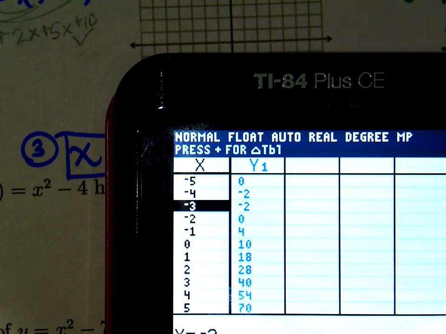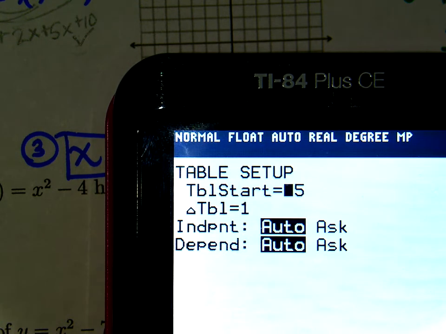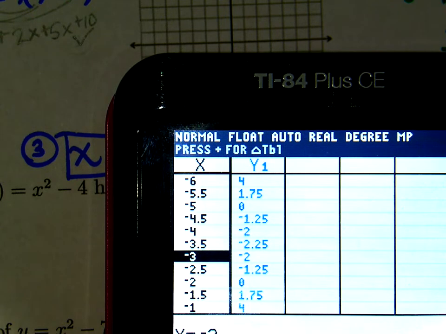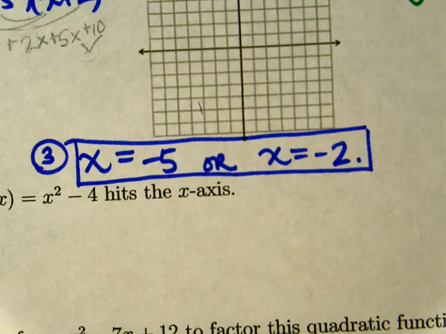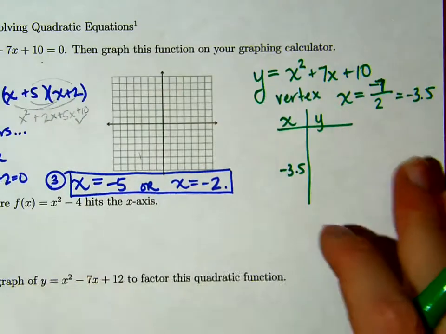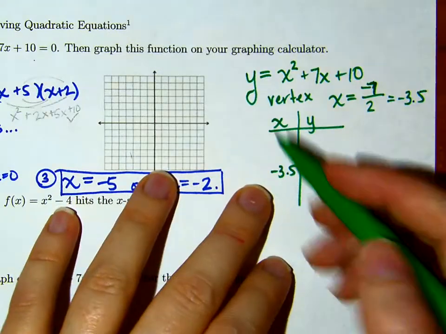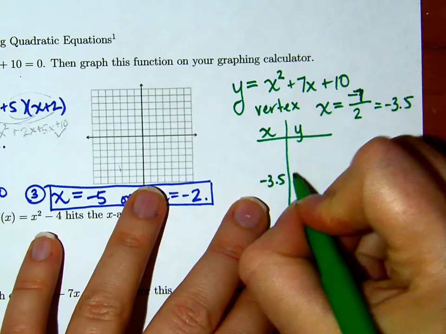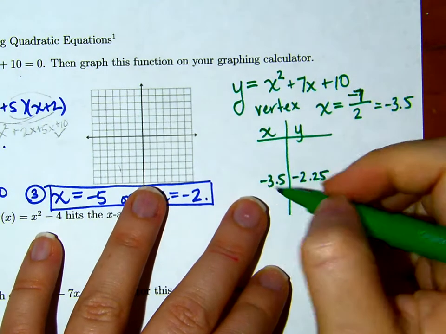My table's going by ones, so I'm going to go to second window, which is table set, and I'm going to count by halves. Okay. There is our peak, our vertex, and then around it you see a certain amount of symmetry. That's fabulous. Okay, so here's our center, and I'm going to go ahead and jot this down in our table of values. When x equals -3.5, put that into our equation here, and that was -2.25.